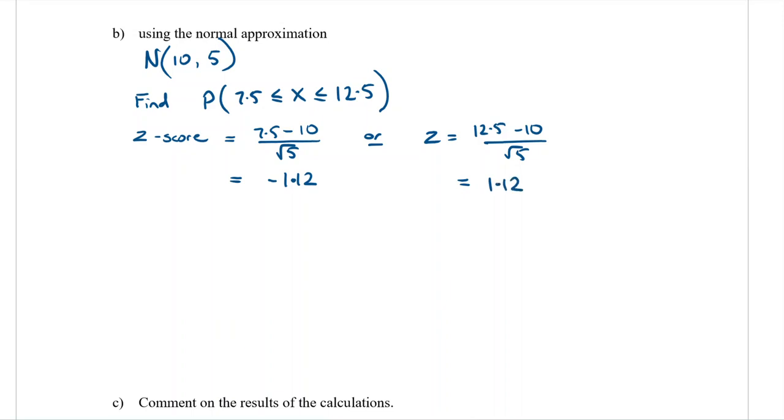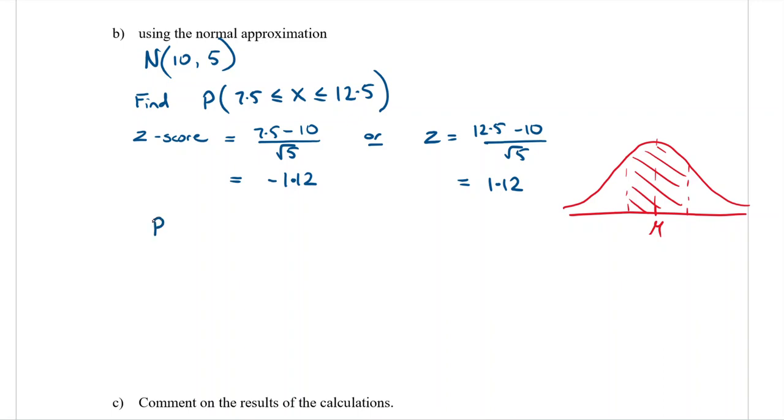So graphically, what this means is here is my normal distribution, my mean here in the middle, my one standard deviation above and one standard deviation below, and I'm trying to find that part in there.